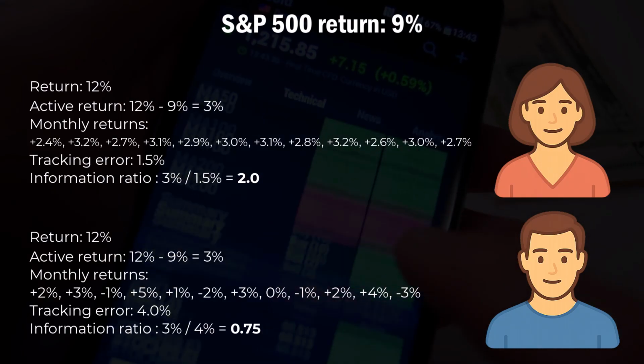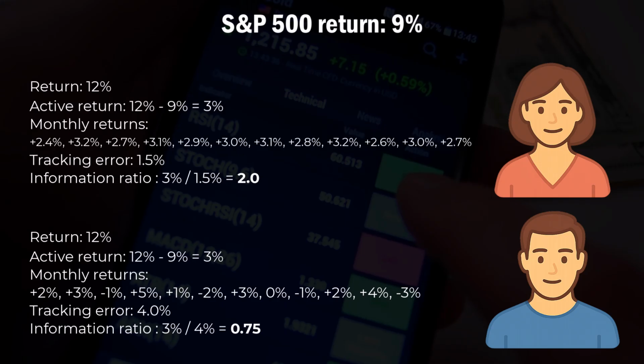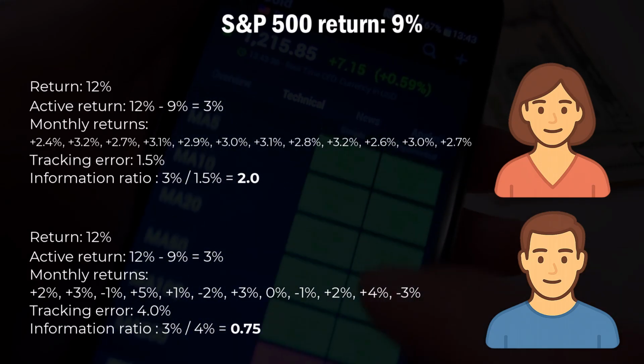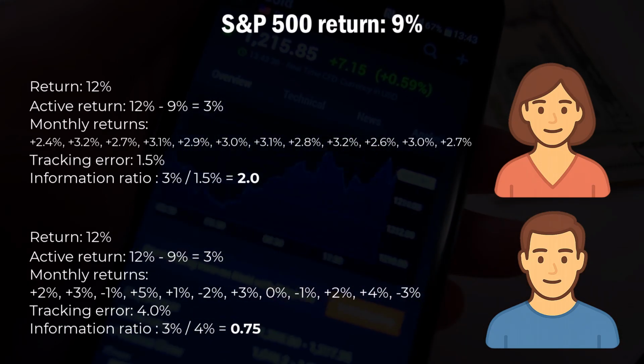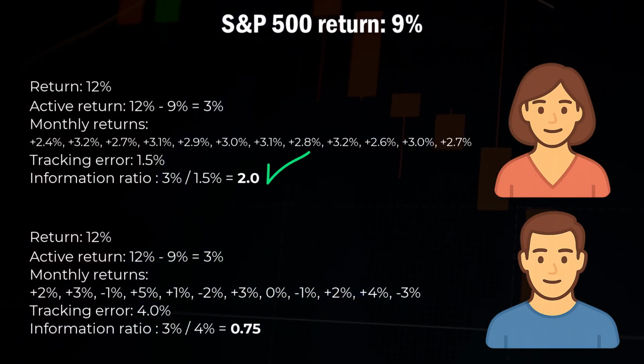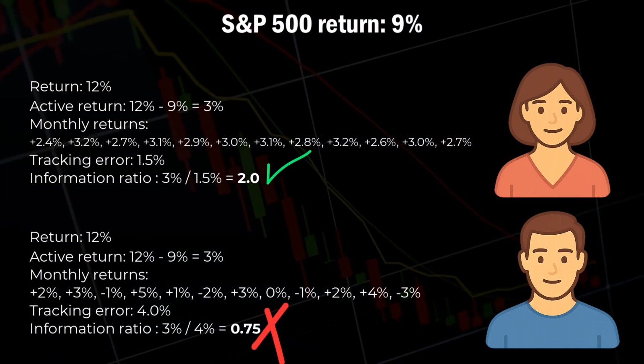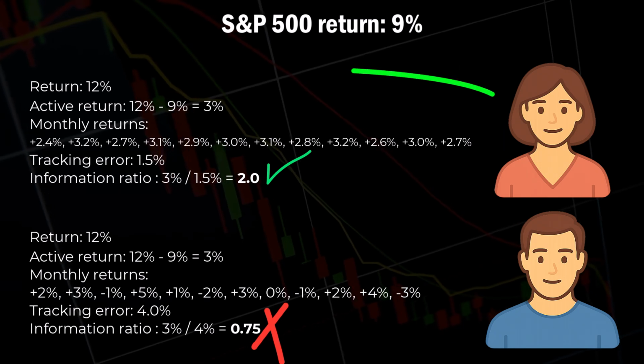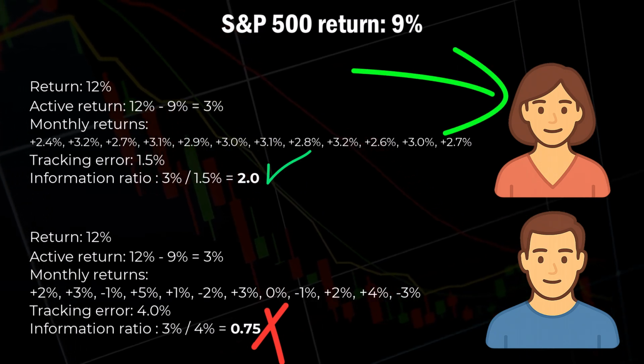So this is an excellent number. She achieved the same outperformance as Bob, but with far less risk and volatility. Bob and Alice both beat the market by 3%, but Alice did it with much more consistency, and that's why her information ratio is better. In the end, if you are an investor, you want Alice managing your money, steady, smart and consistent.